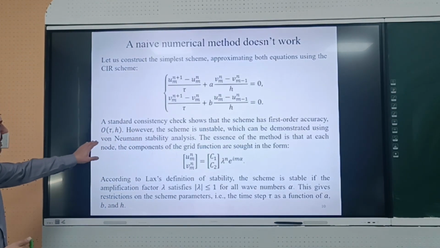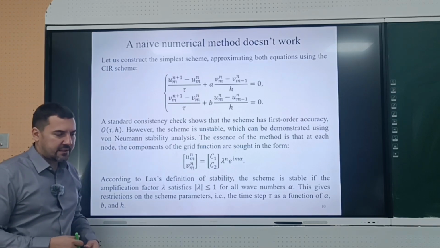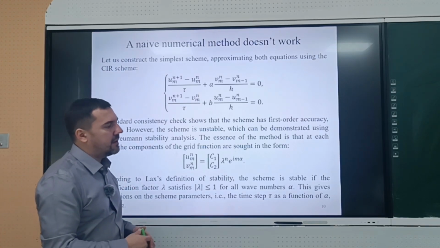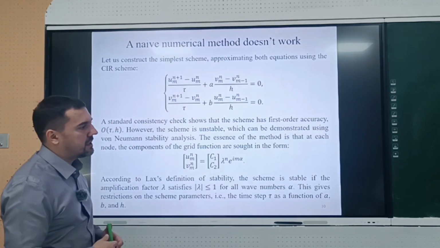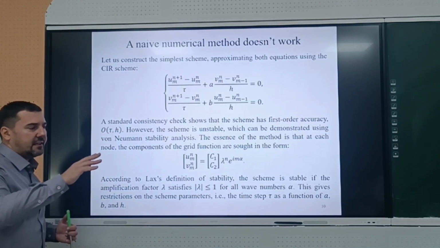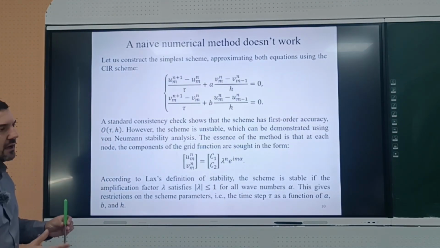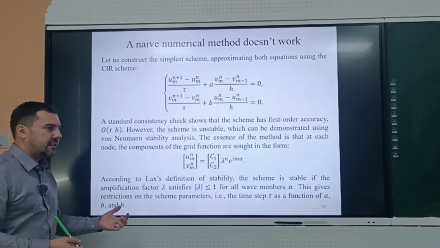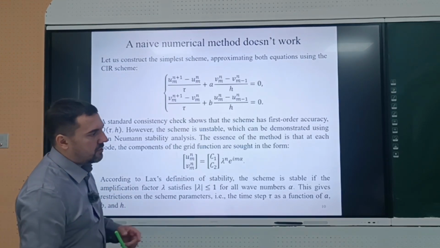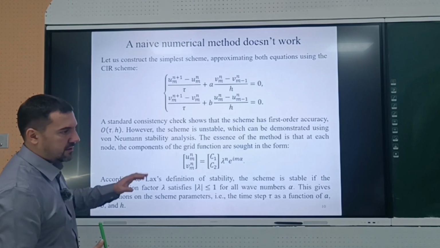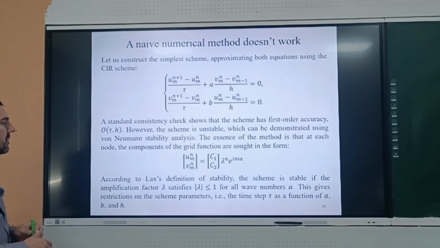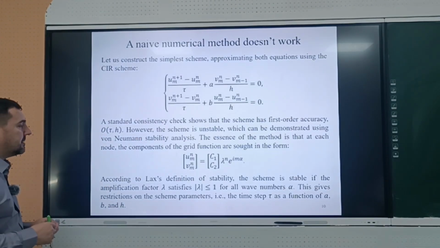We haven't discussed the so-called von Neumann stability analysis. It's a very important theoretical approach. I think I will discuss it in more detail later, in the lecture about the general concepts of stability, consistency, and convergence for partial differential equations, including the nonlinear case. I think one of the following lectures will be about that.